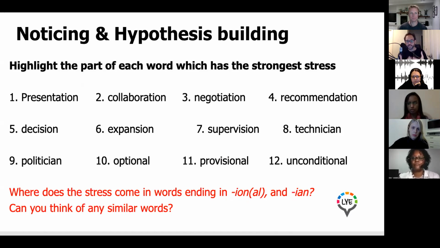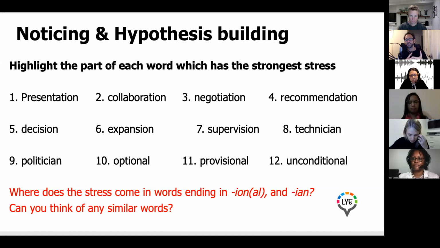So the idea here is we can apply not only noticing and hypothesis building, but also some sort of generalization, some rules that would help guide our students. Because if a student is able to notice patterns, he is more likely to remember the pronunciation of certain things.